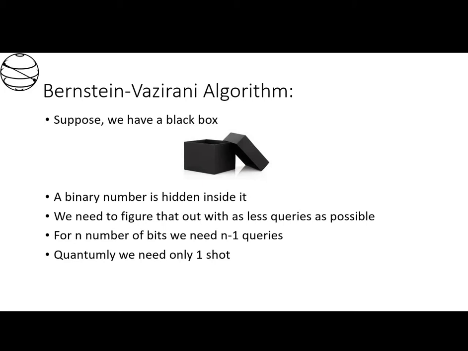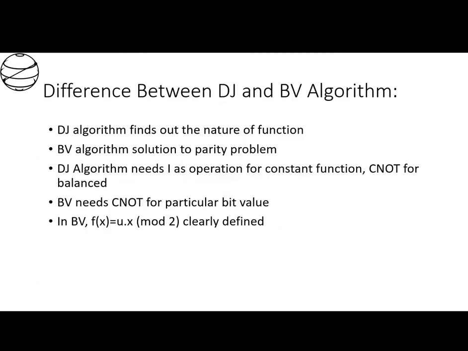That means for 4 bits, the classical computer needs 4 queries. But quantumly, if we use a quantum oracle, we can find out in one shot that the result is 1001.